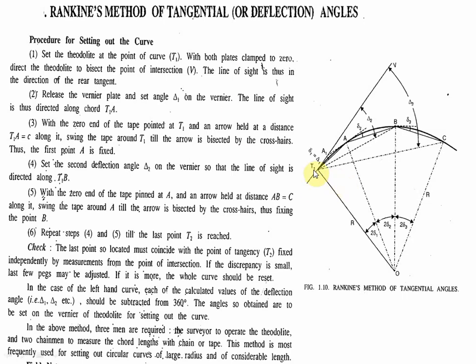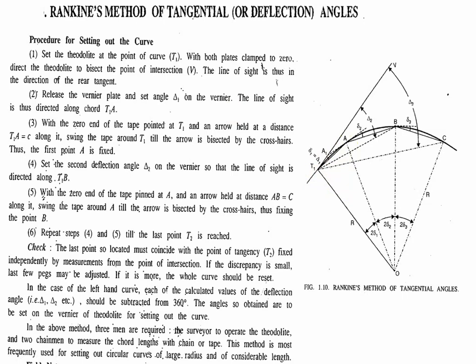Next, release the vernier plate and set it to delta 1, deflection angle 1, so that the line of sight is in the direction of T1A. Set the theodolite to delta 1.